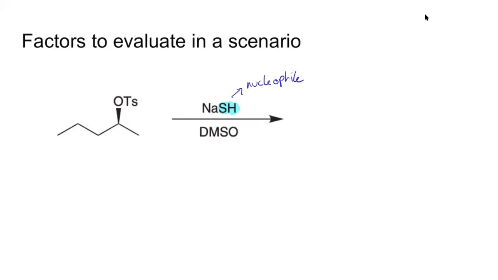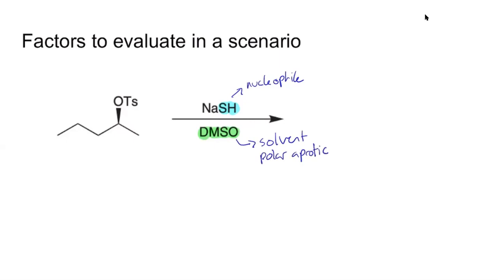Now, we have our solvent down below. Does anyone remember from Friday what type of solvent DMSO is? Polar aprotic. Thank you, Anzilla. So DMSO is the solvent, and it happens to be polar aprotic.